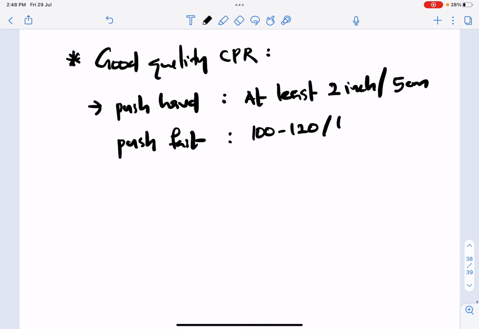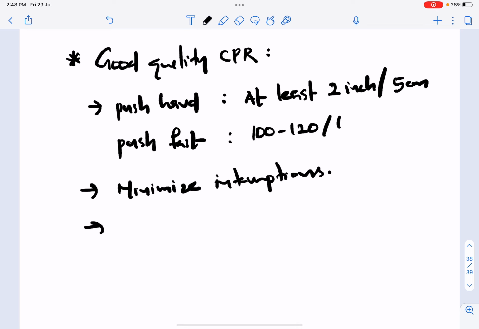The second point is minimize interruptions in between the compressions. And the third step is to ventilate the patient at a ratio of 30:2. After 30 compressions, stop and give 2 ventilations, but avoid excessive ventilation.